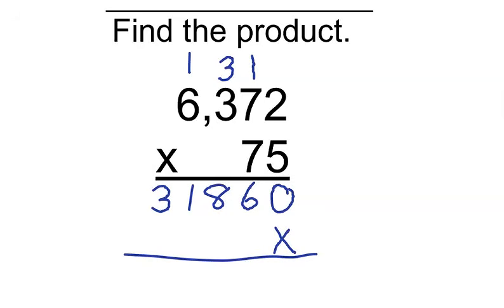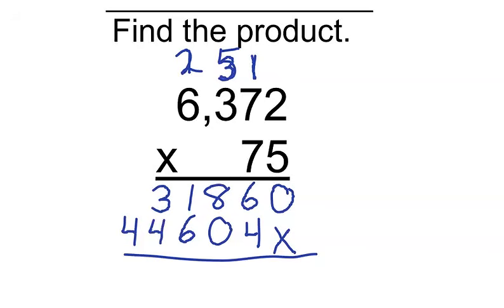All right, so then we have 7 times 2 is 14. 7 times 7 is 49, plus 1 more, which is 50. 7 times 3 is 21, plus 5 more is 26. 7 times 6 is 42, plus 2 more is 44.